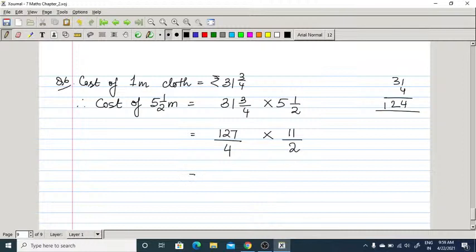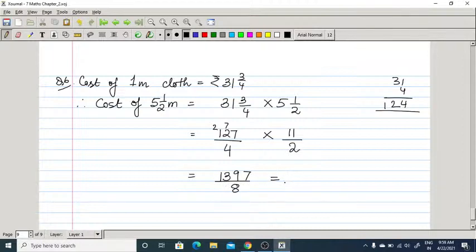Now you can see that there are no common factors in the numerator and denominator, so we are going to simply multiply and divide. So 127 into 11 will be 1397, divided by 8.